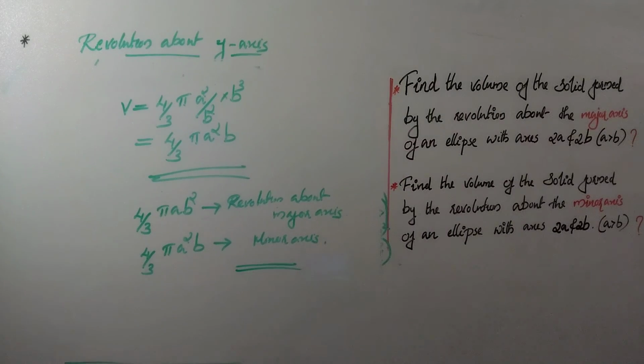And we know that the volume of the sphere is obtained by the revolution of the circle about one of its diameters. When a equal to b, the ellipse becomes a circle.